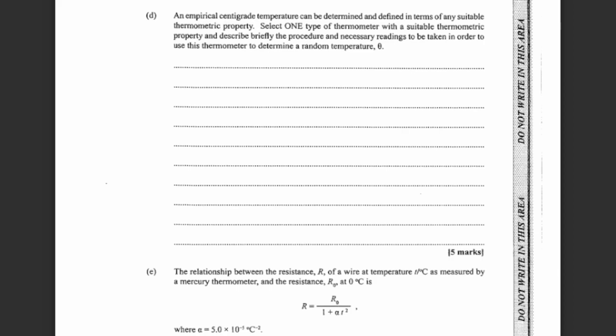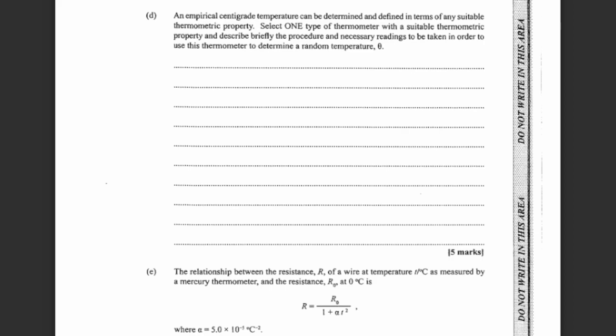So the first thing you do is select your thermometer. You can select the type of thermometer that you want, but for this example, I am going to select the constant volume gas thermometer. So that's a thermometer. What is going to be the thermometric property?